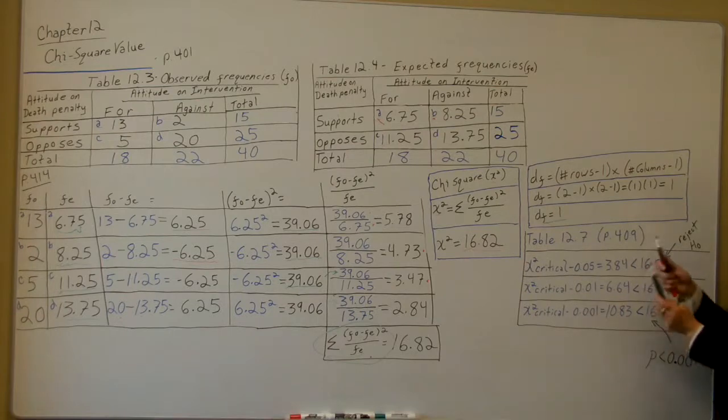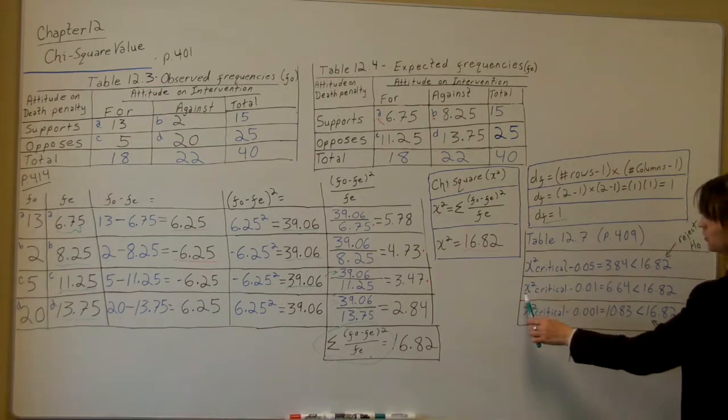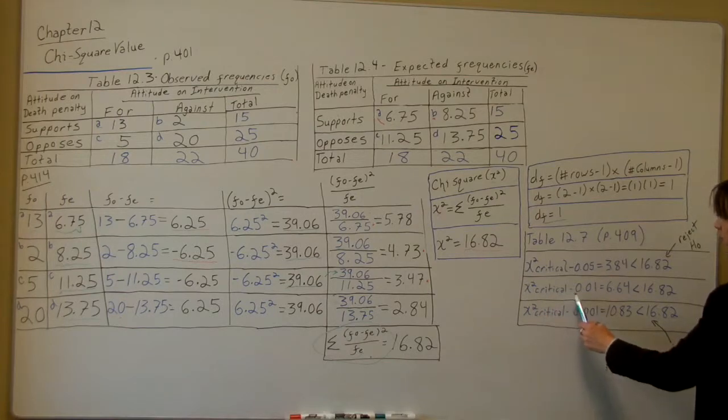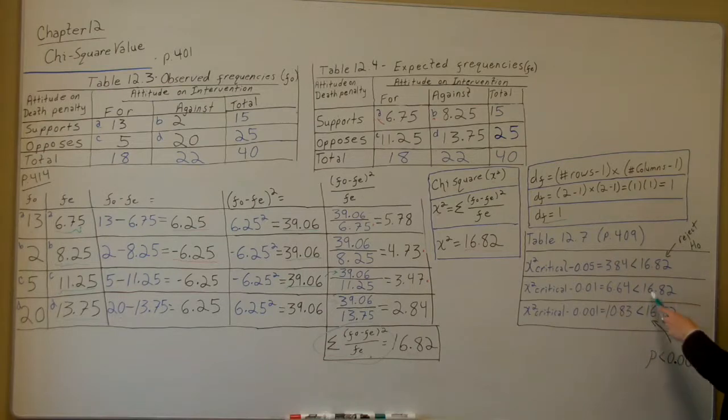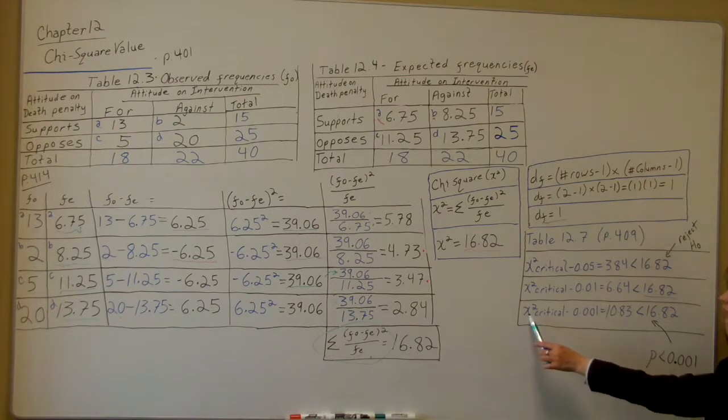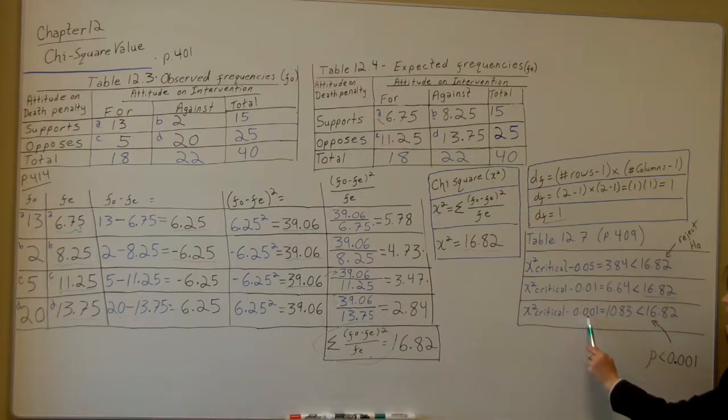We have 16.82. So work your way across the chart to the right. Your chi-square critical for the 0.01 level equals 6.64. Our number is still larger than that. For the last one on the table, the chi-square critical at 0.001 equals 10.83, and 16.82 is greater than 10.83, so our p is less than 0.001.